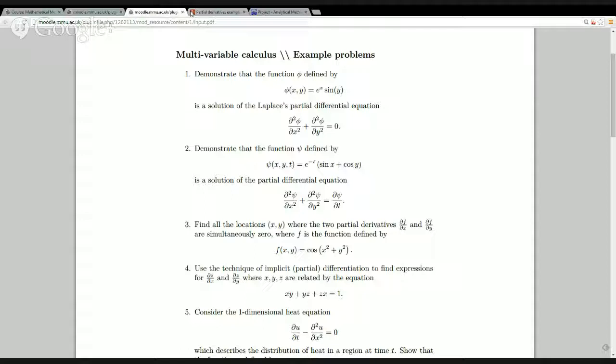Well, just describe them in some kind of way. So they have to both be equal to zero. They're not the only possibilities.